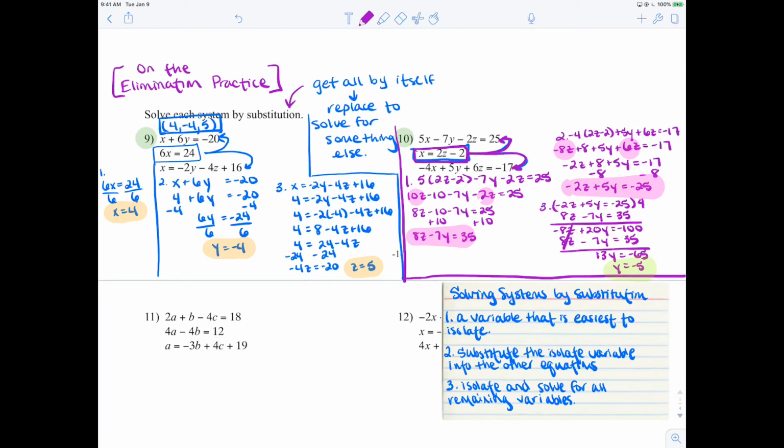So, and I'll just write this up here, 5x minus 7 times negative 5, now that we know y, minus 2z equals 25. So 5x plus 35 minus 2z equals 25. This is step number 4 that I'm taking here above. And then if we subtract 35 from each side, we get 5x minus 2z equals negative 10.